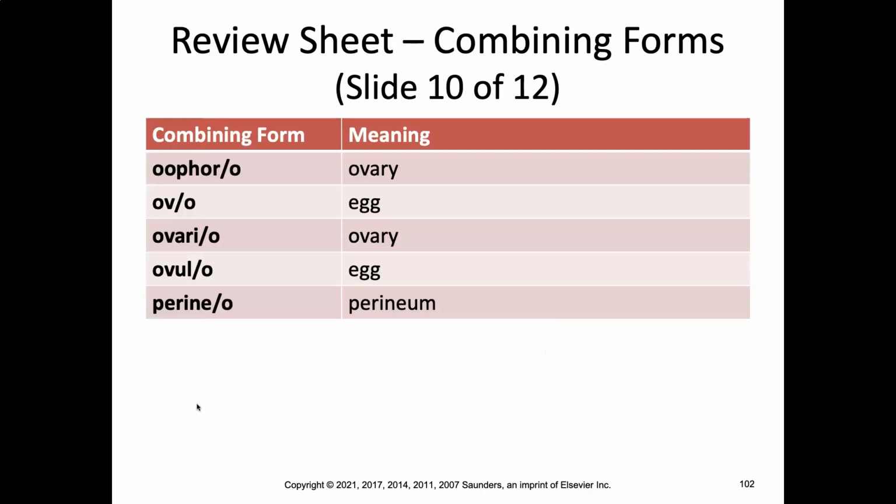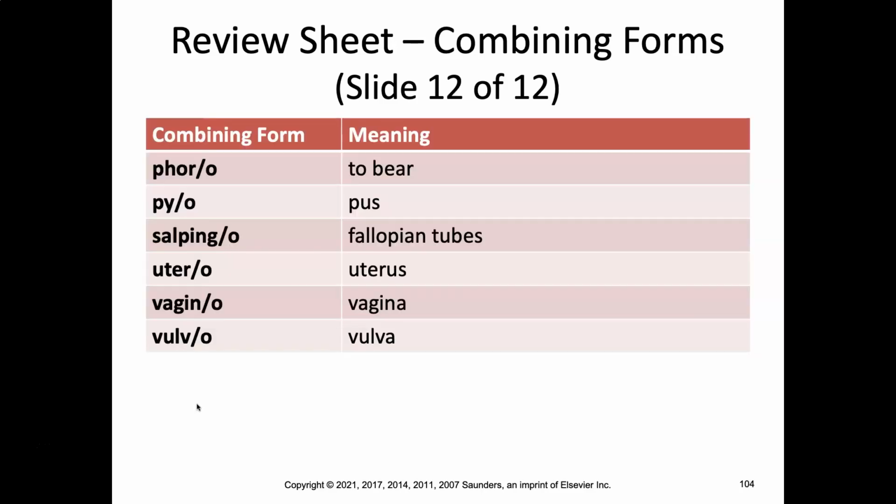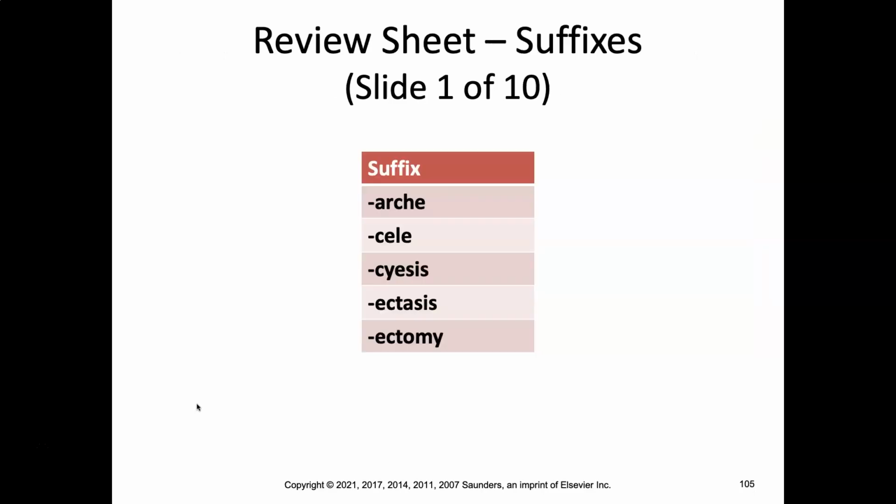But remember, so does ovo and ovulo. And then you have 2 here for ovary, oofero and ovario. Perineo, foro, pio, salpingo, utero, vagino, vulvo.